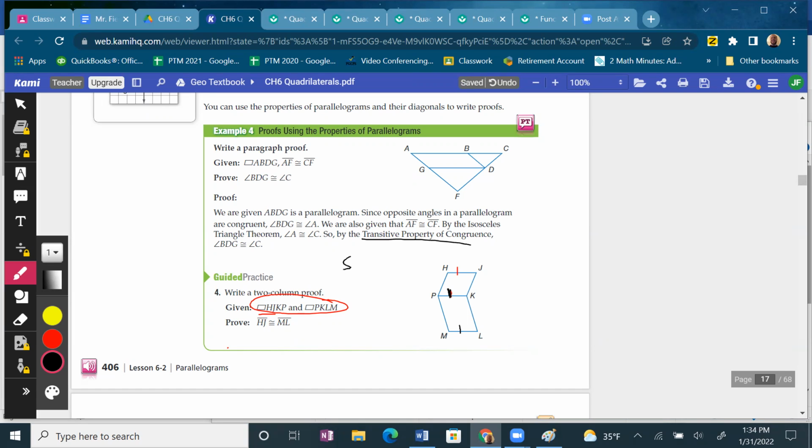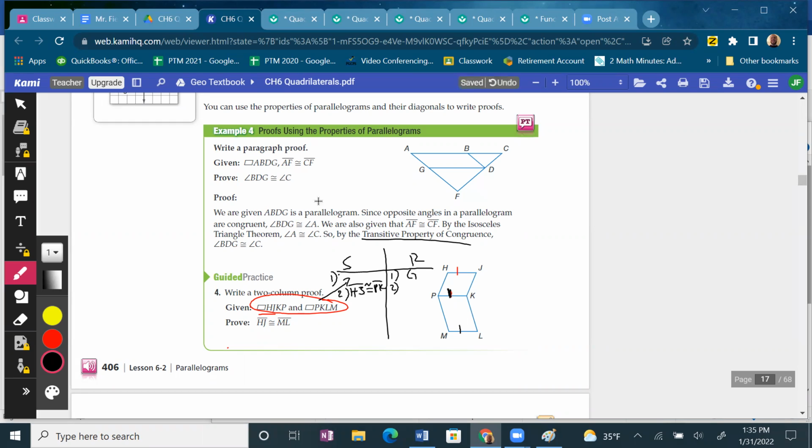Okay, so let me just make a little table here. All right, so given, there's my given. Number 2, moving on. HJ is congruent to PK. And what theorem is that?